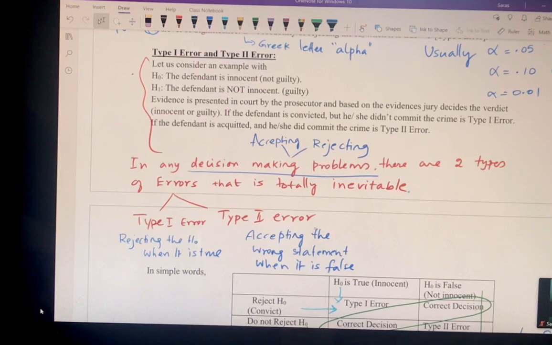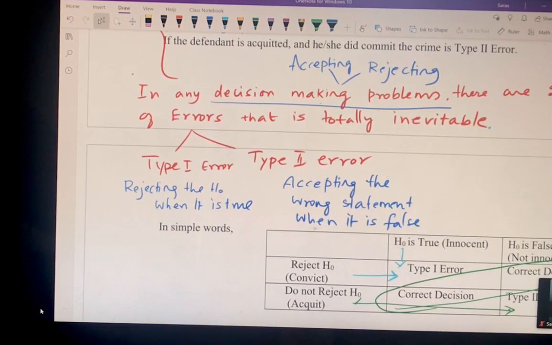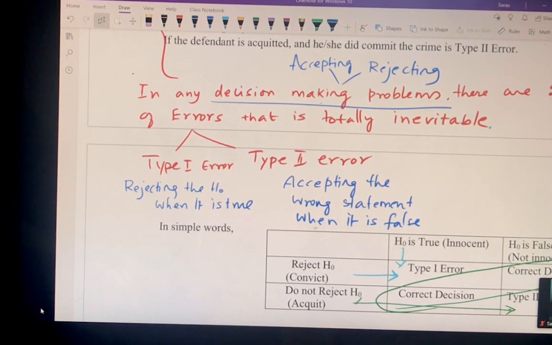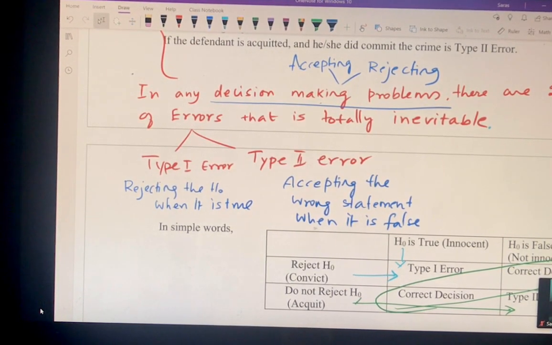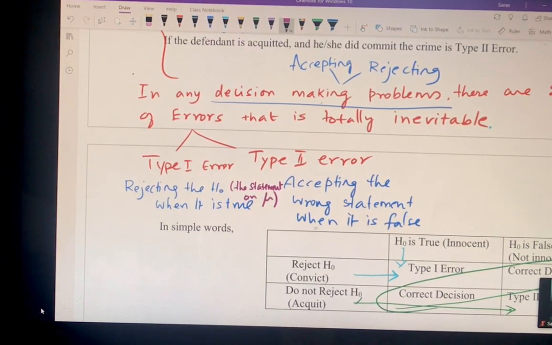They are called type 1 error and type 2 error. So what is the type 1 error? You are going to reject the statement when it is true. You are going to reject the statement, or H sub 0, the statement on mu, when it is true. That means the true statement is rejected.